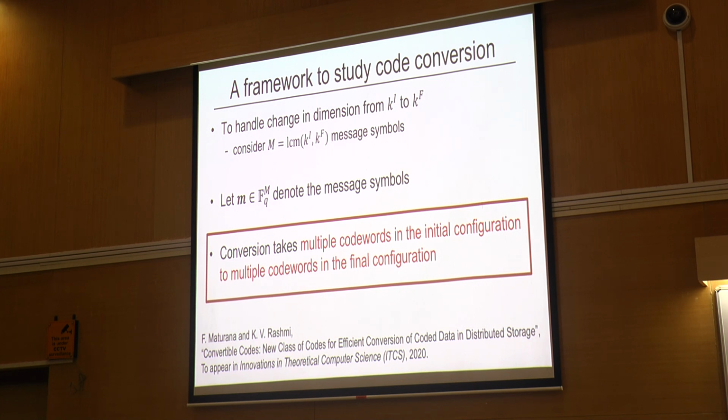We could just focus on one set of data blocks and one set of parity blocks, and the problem was completely defined within that. And then we could study the reconstruction problem, optimize it and design the code. But here, because k is changing, we have to consider multiple codewords. So we need to consider multiple stripes at a time, even to capture the smallest instance of the problem.